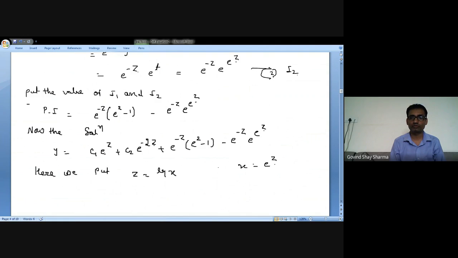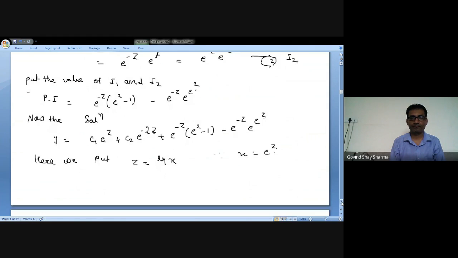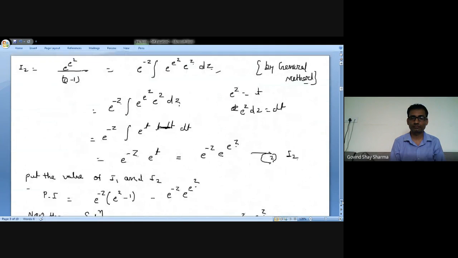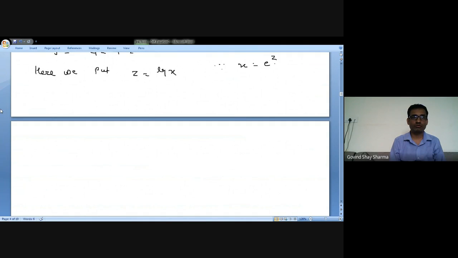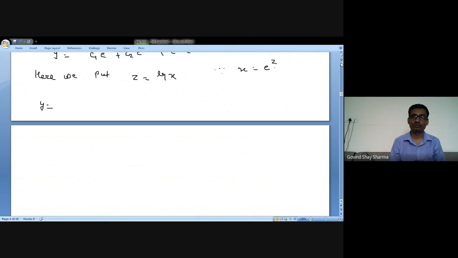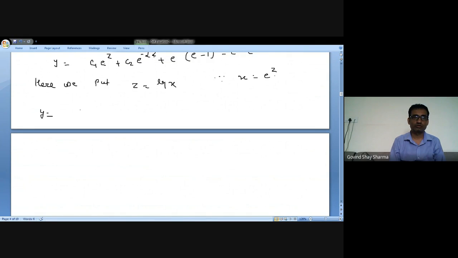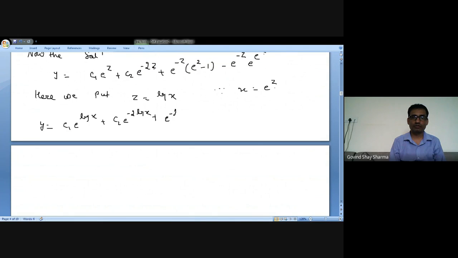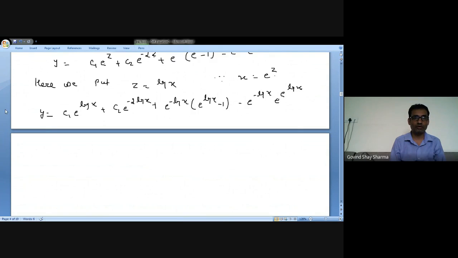So y is equal to c1 e to power log x plus c2 e to power minus 2 log x plus e to power minus log x times (x minus 1) log x. This is the solution.